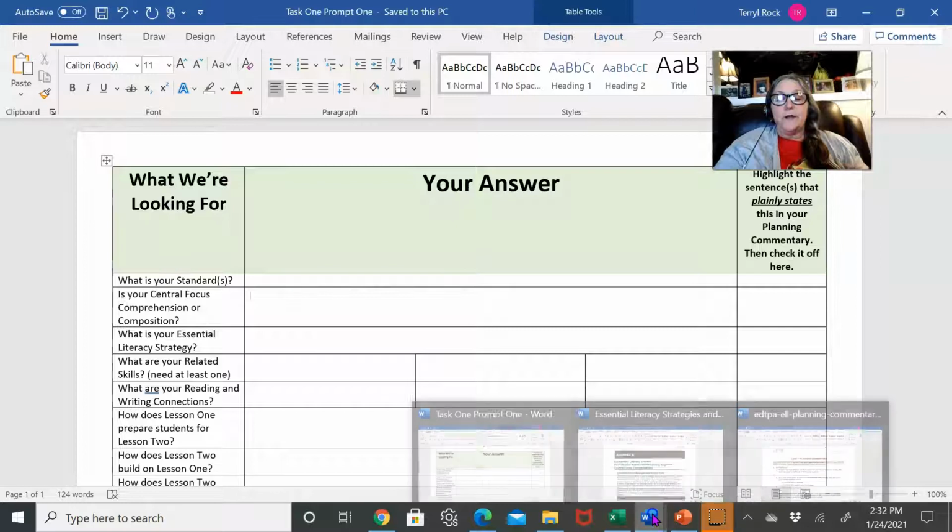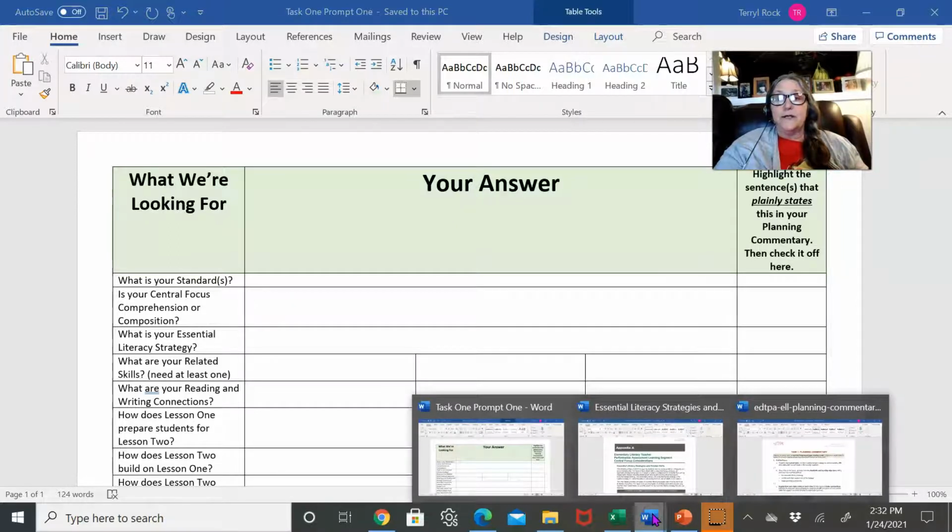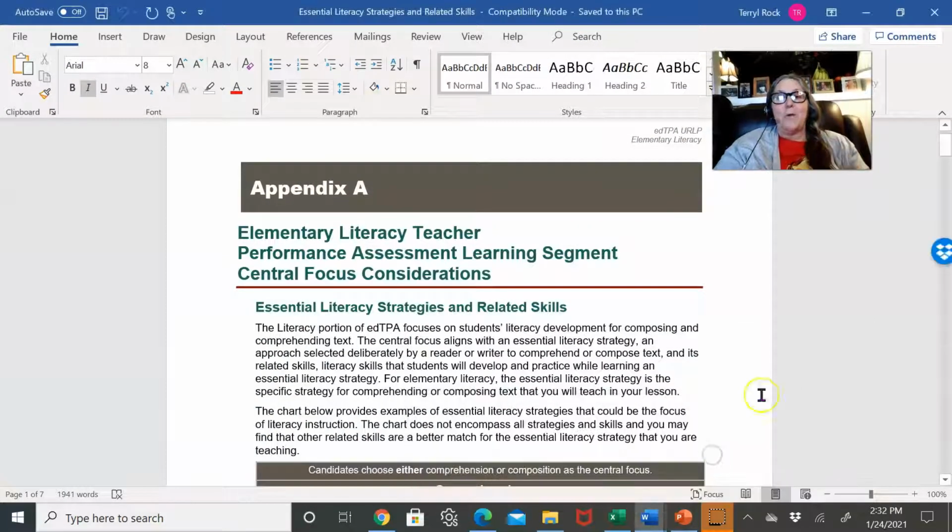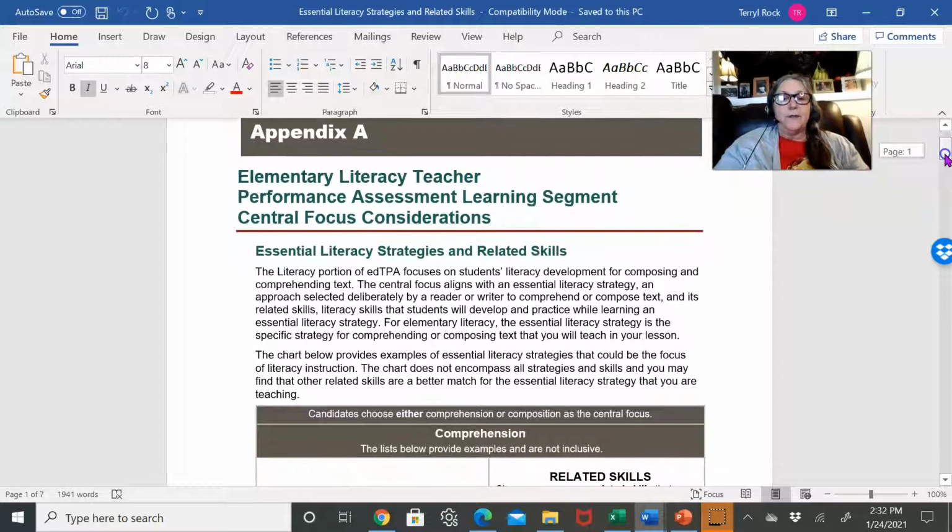If you look in the back of your Understanding Rubric Level Progression, what Mamaw calls the URLP, you'll find what we call Appendix A. In Appendix A, there is a discussion up here at the top.